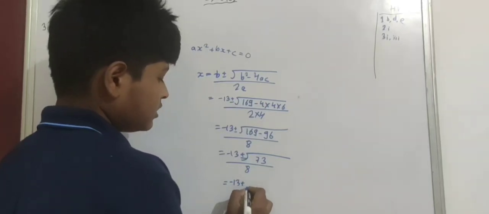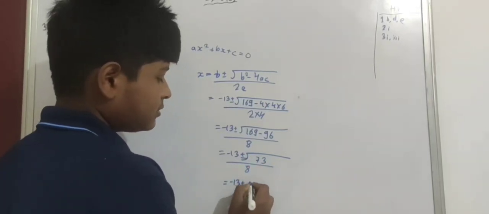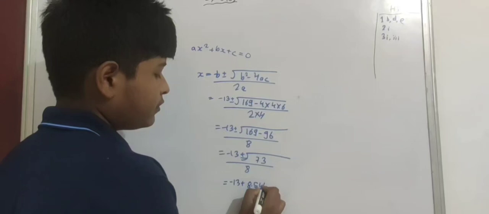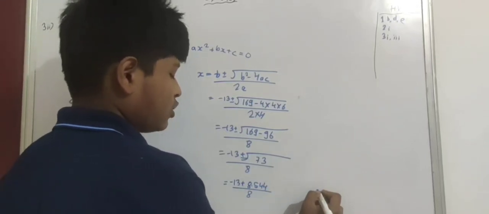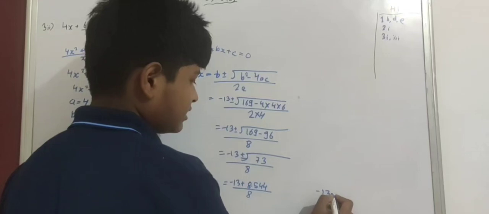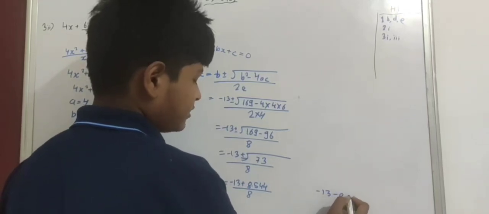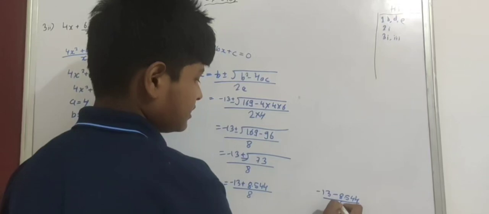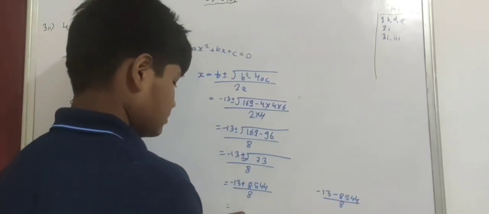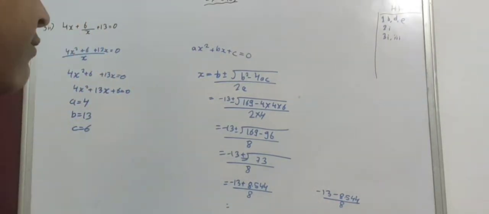So now we will have minus 13 plus under root 73, the value is 8.544 divided by 8, and the other side we have minus 13 minus 8.544 divided by 8. Now on solving it further, one has plus and one has minus.